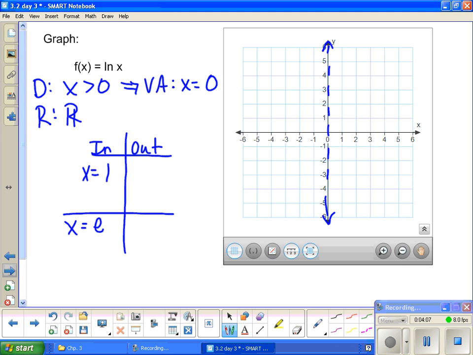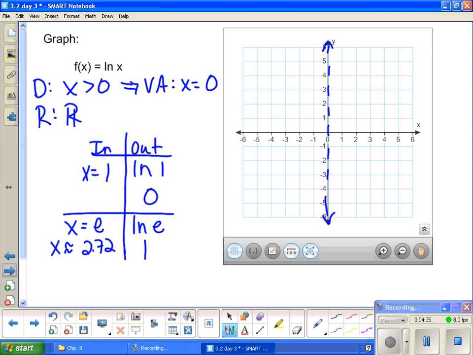Well, e to the first is then approximately 2.72. Okay. So my output then will be natural log of 1. Natural log of 1, or log of any base of 1, is going to be 0. Natural log of e, again, same base, e, so that's going to equal 1.